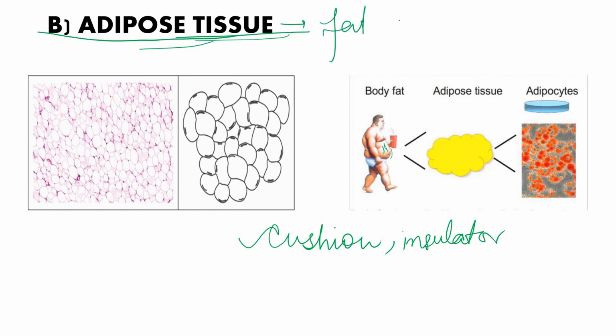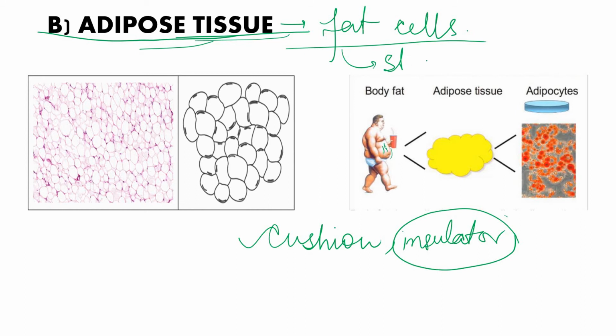Adipose tissues are also called fat cells. They are numerous in a person who is very fat, and they act as an insulator and prevent the person from feeling cold during winter.